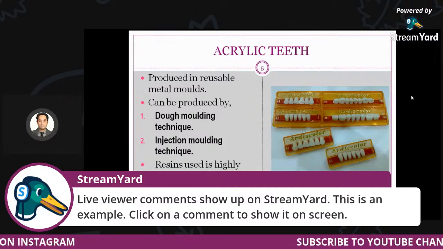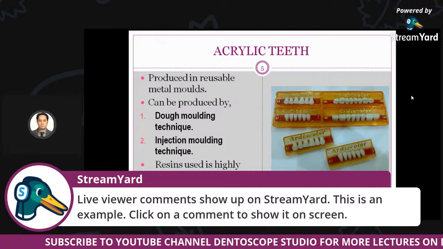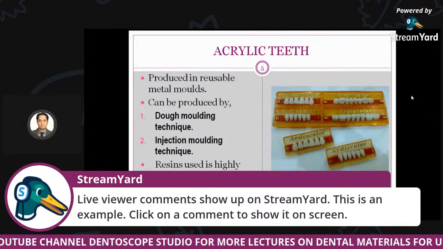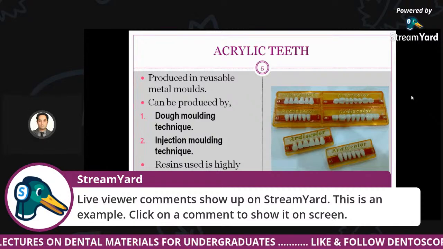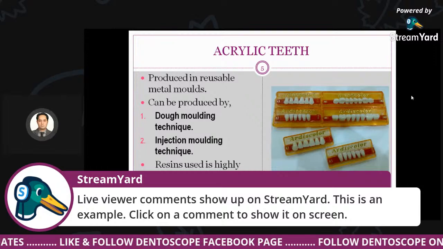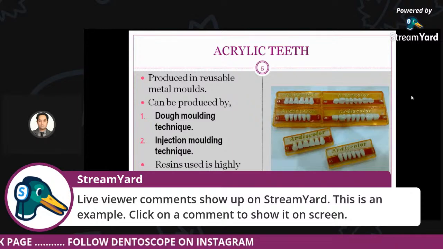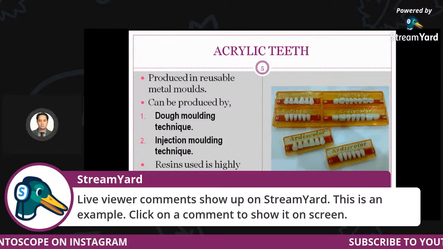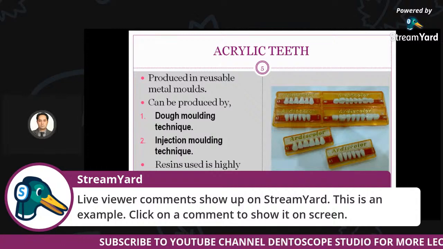Like anterior, there are different metal molds for the anteriors, cuspids, bicuspids, and molars, upper and lower separately. So we basically use acrylic to make those artificial teeth by any one of these two methods which are shown here. Number one is the dome molding technique, and the second one is the injection molding technique.